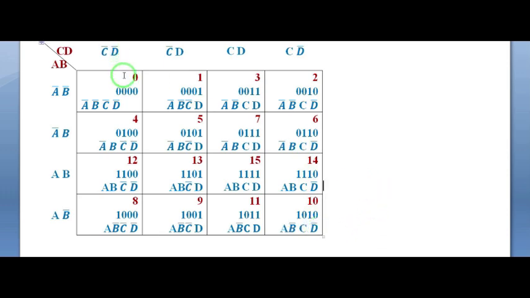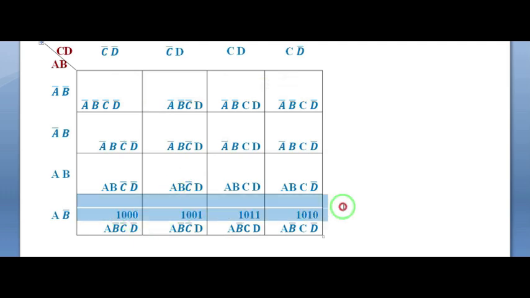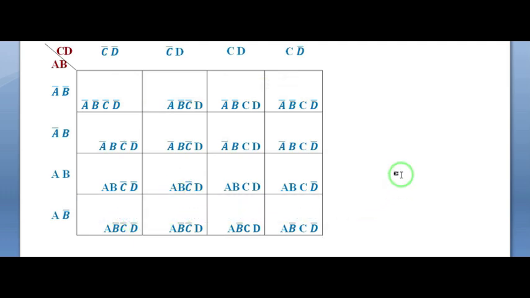Now I am going to remove these numerical values, in decimal as well as binary. So this is nothing but a 4 variable K map.